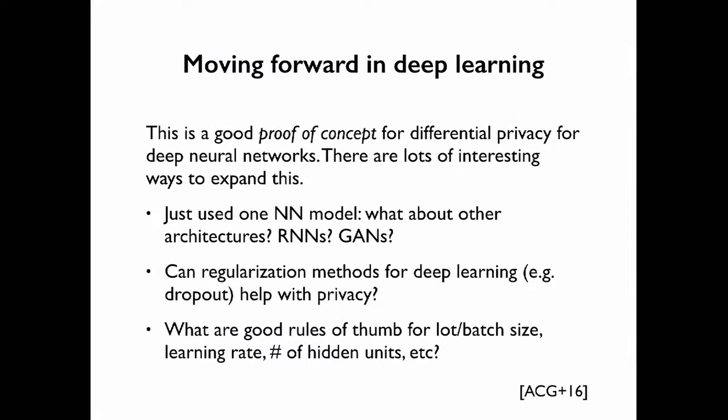Okay. A second open question is, what about regularization methods which are suited for deep learning? For example, dropout, can it also help with privacy? Again, there has been a little bit of work on this by Avradeep, but some of it remains. Okay. And then finally, what are some good rules of thumb for choosing lot size or batch size, learning rates, and things like that?